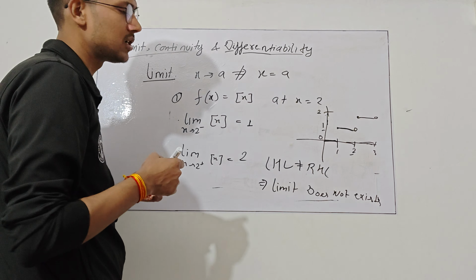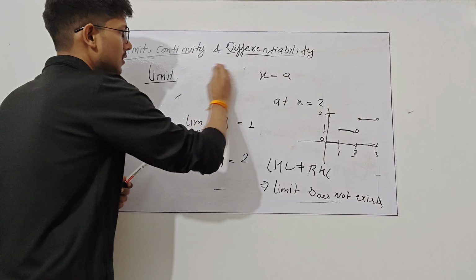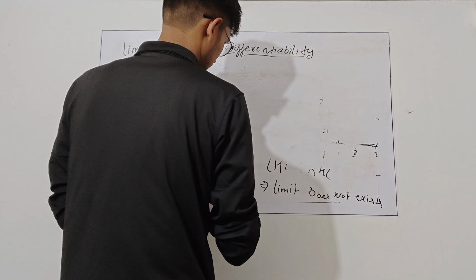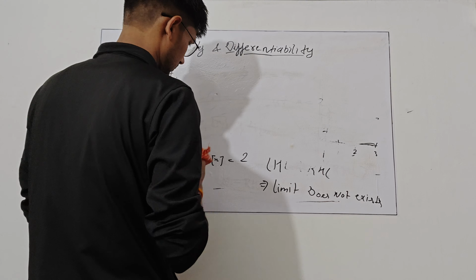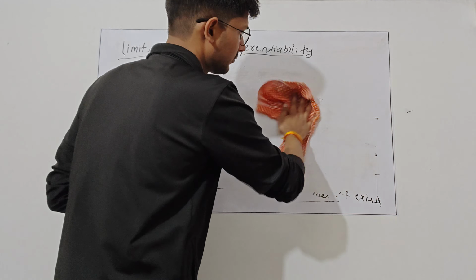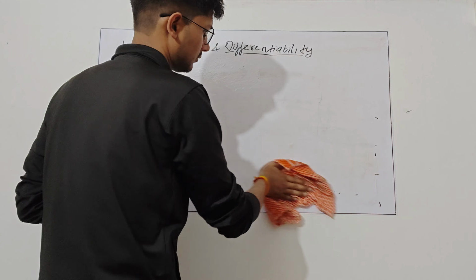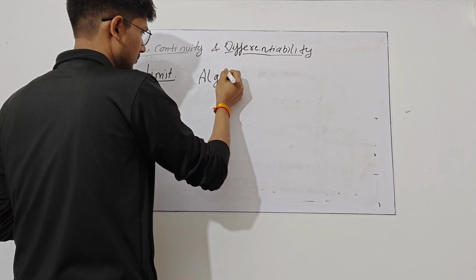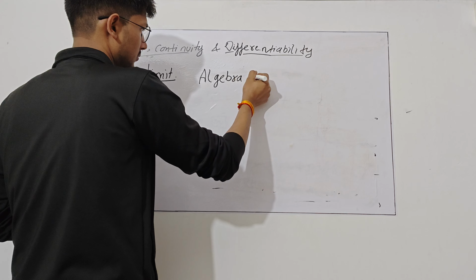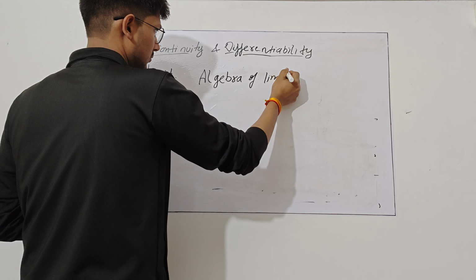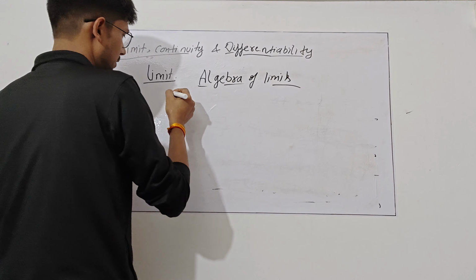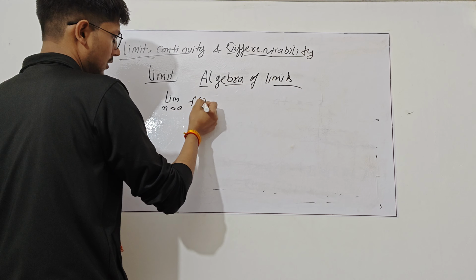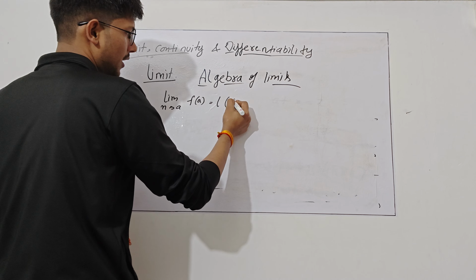Now we study the algebra of limits. So we have the limit x tending to a of f of x, which gives L, some finite value.